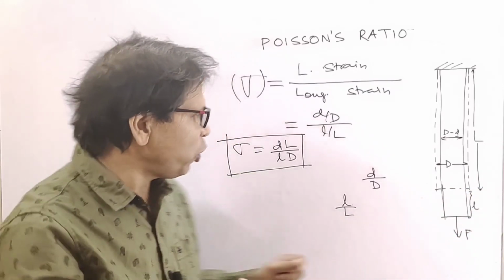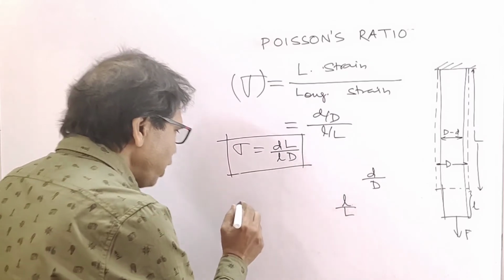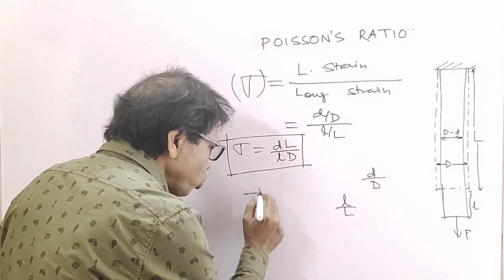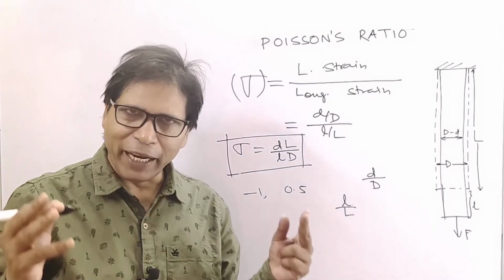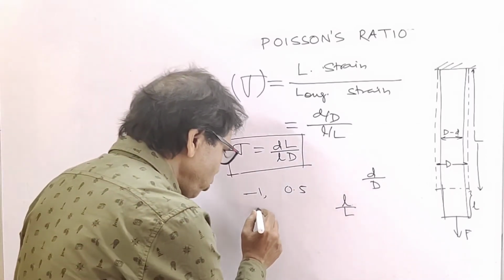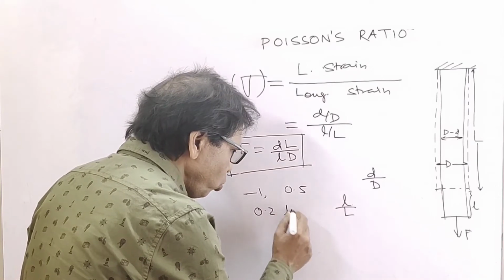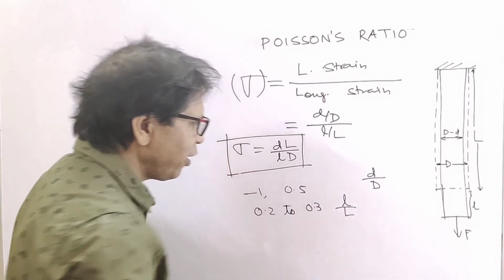Okay, the theoretical value of sigma lies between -1 to 0.5, but its practical value lies between 0.2 to 0.3.